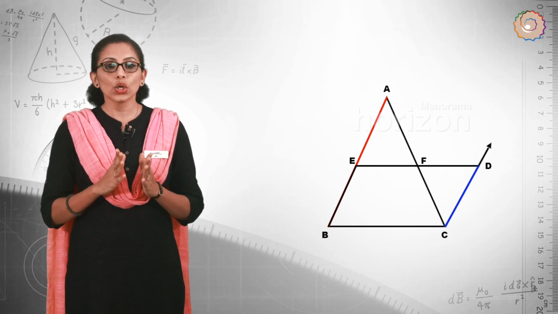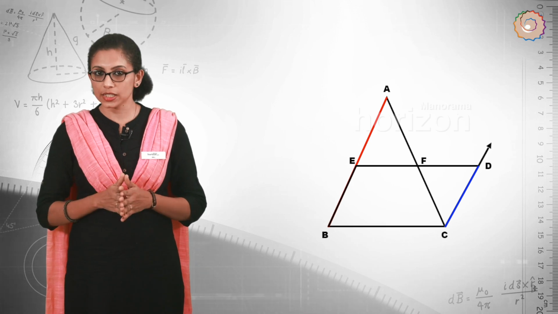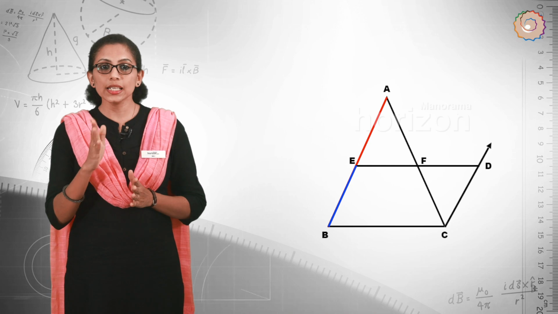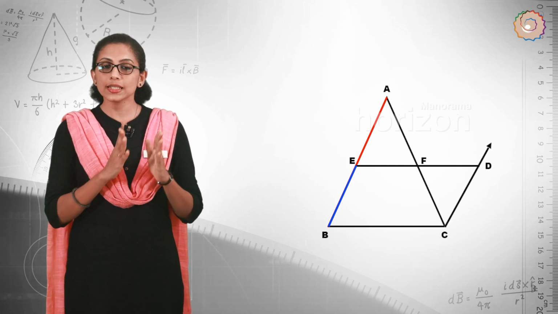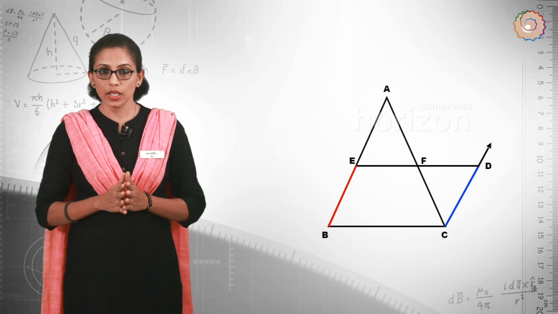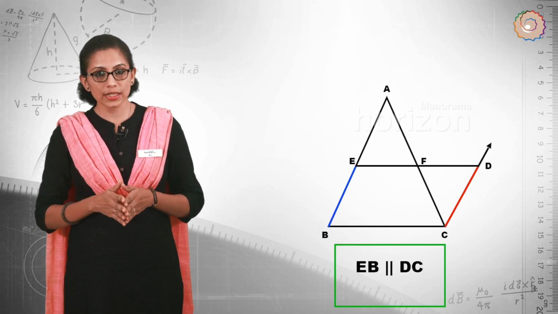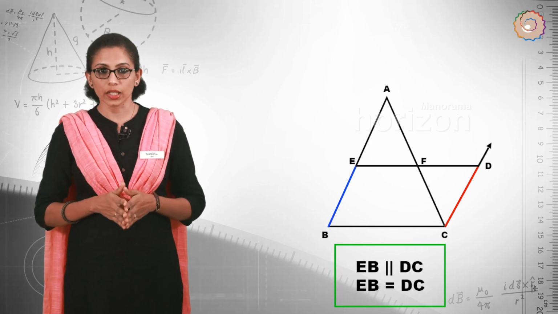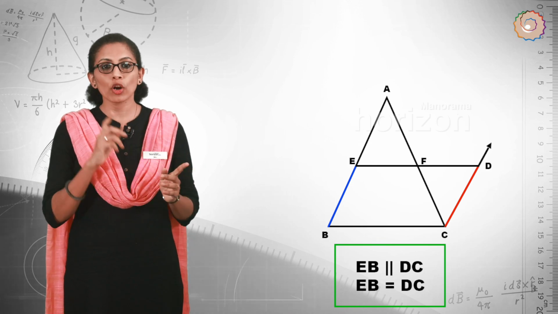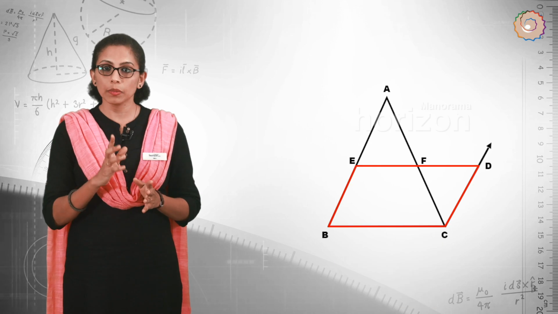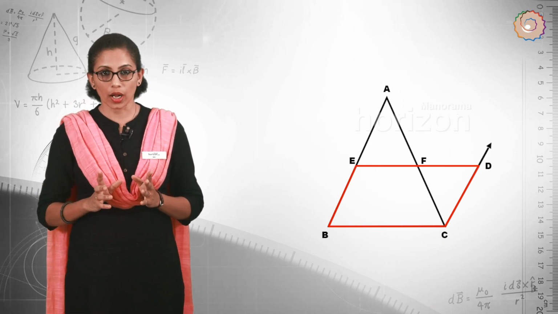So, EA is equal to DC by CPCT, but we know EA is equal to EB since E is the midpoint of AB. Hence, EB is equal to DC. Now, in EBCD, EB is parallel to DC and EB is equal to DC. Thus, we got one pair of opposite sides equal and parallel. Hence, we can say EBCD is a parallelogram.